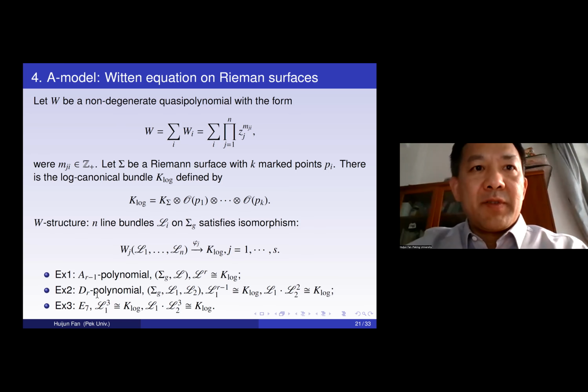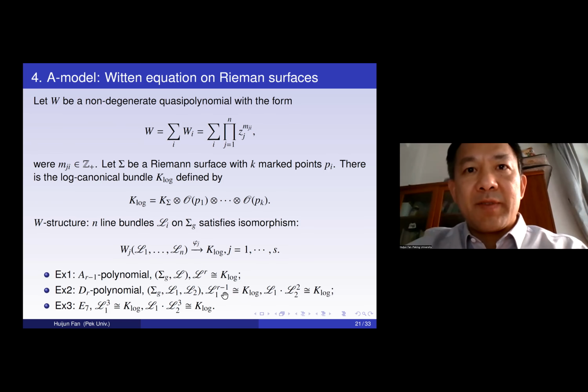The second example is the D_r polynomial. Because it has two variables, you should have two line bundles, L_1 and L_2. Because the D_r polynomial has two monomials, the first monomial is x to the power of r-1.